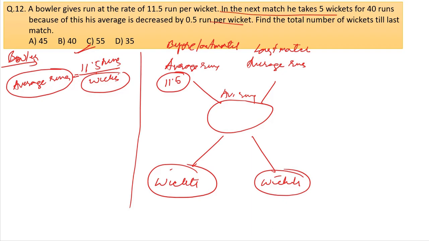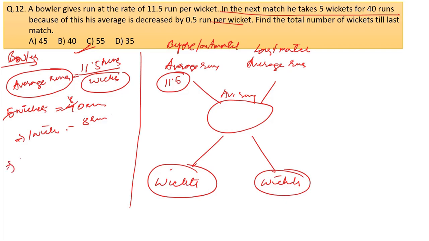In the next match, he takes 5 wickets for 40 runs, that means 5 wickets for 40 runs, so 1 wicket is 8 runs.